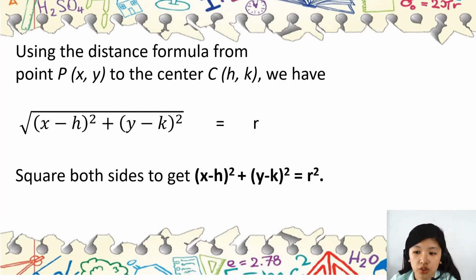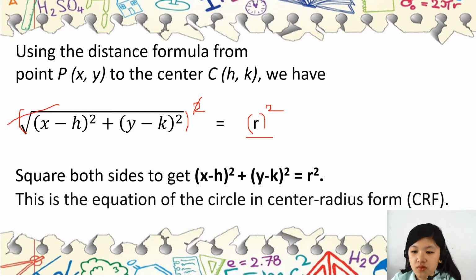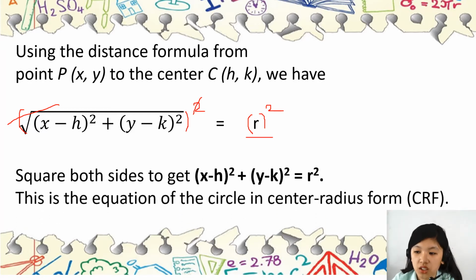So how did we get that? We square both sides. When we square that, the square root and the exponent 2 cancel, and what remains on the right side is r squared. And this is the equation of the circle in center-radius form, or what we call CRF.